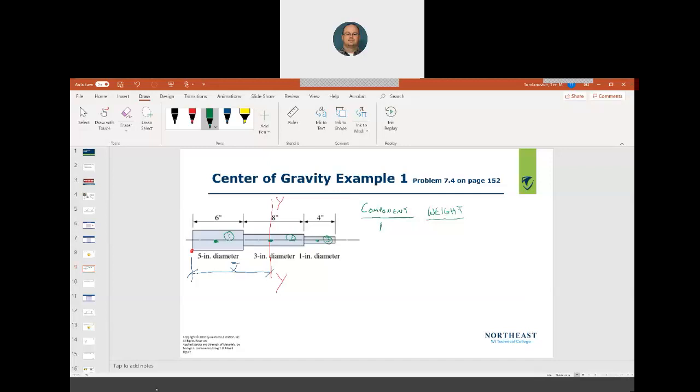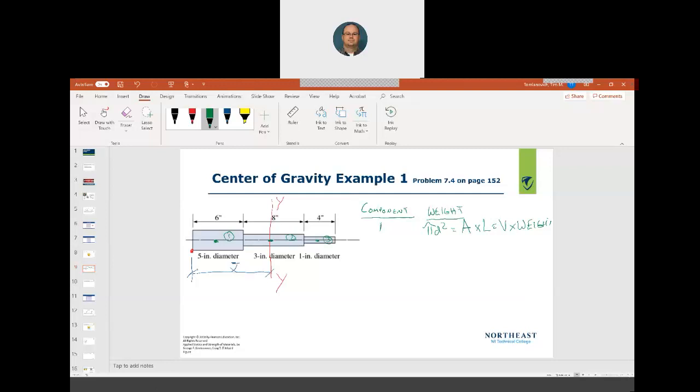So we know pi d squared will give me my area, which equals area. And then we take our area times our length, which will give me my volume, times my weight will give me my weight per cubic foot, because this will be pounds per cubic foot.